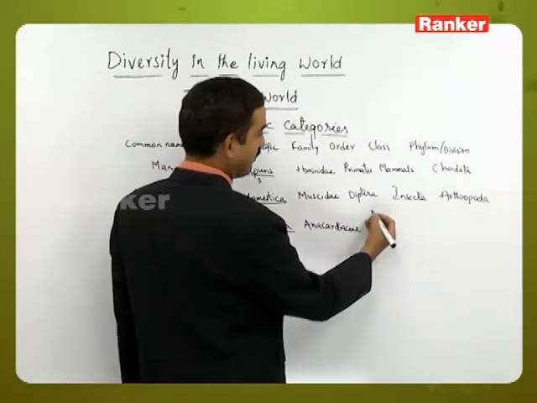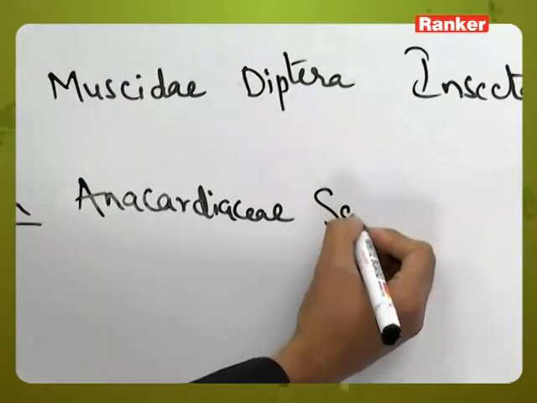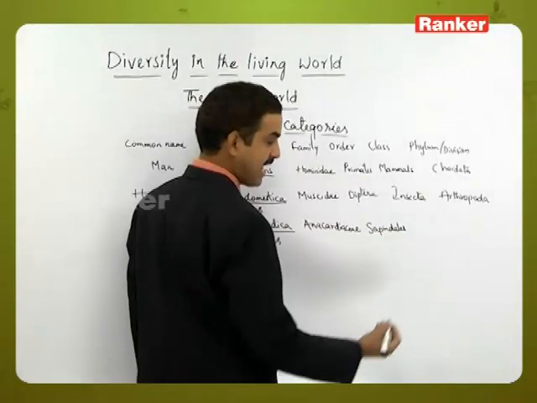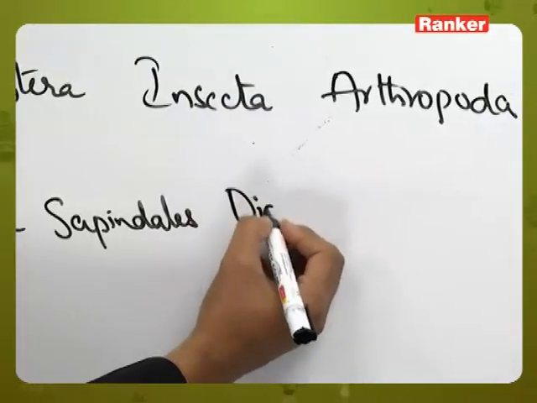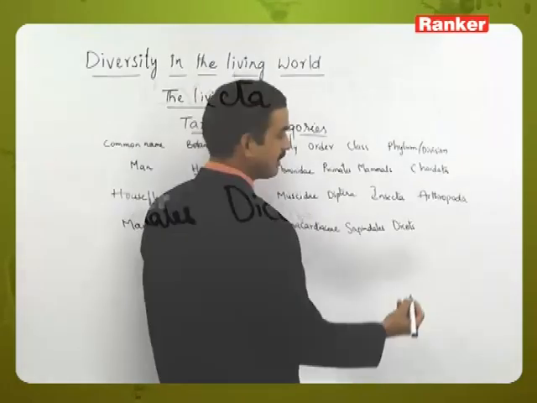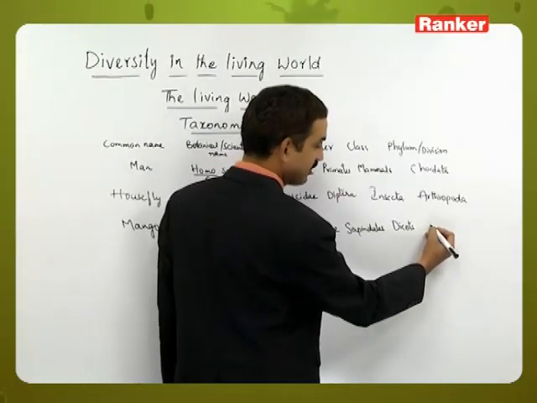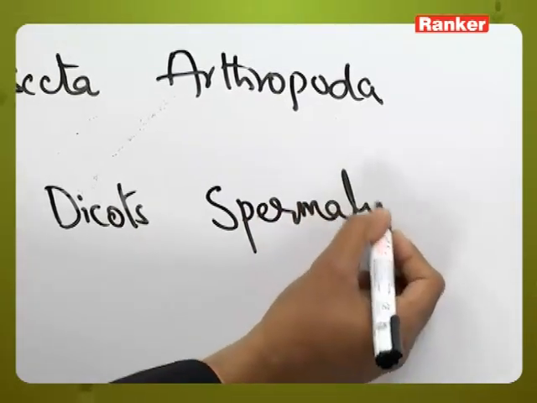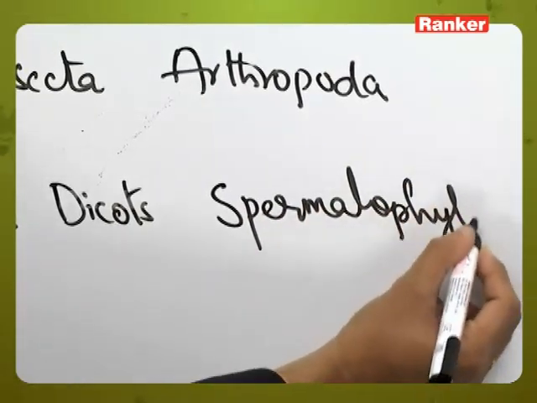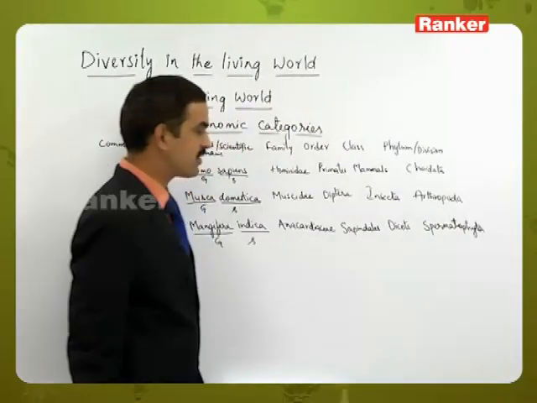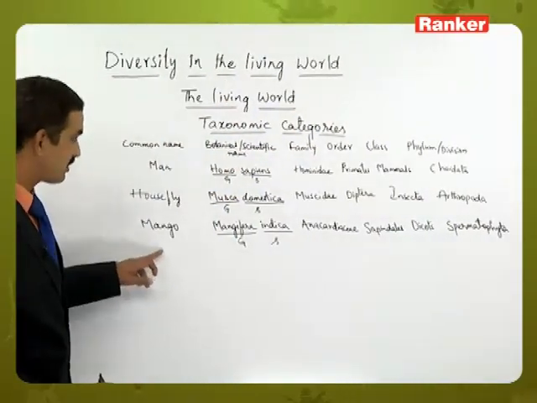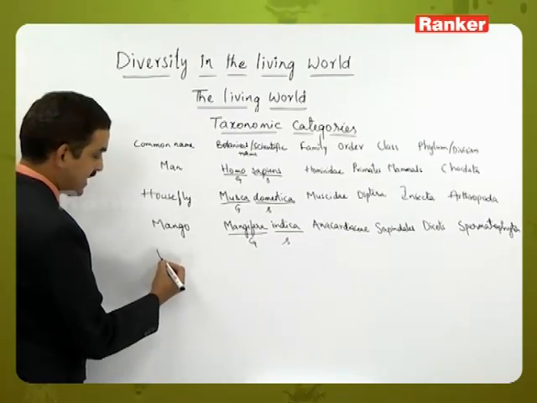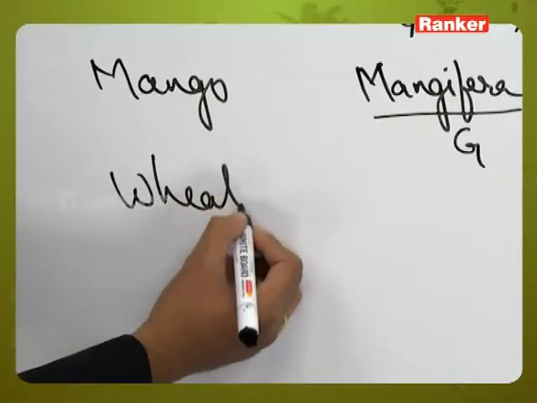The order to which it belongs is Sapindales, and the class is Dicotyledonae, or we can call it dicots, and the division is Spermatophyta, that is the seed producing plants. So this is the classification related to the mango.